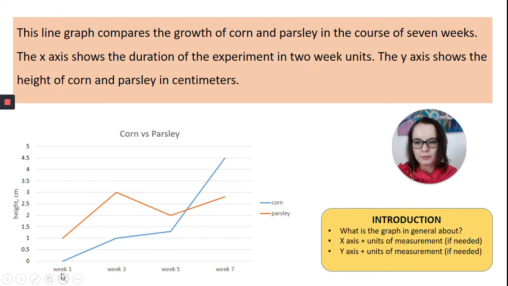And that's why it's important to mention that. Why? Because it can be kilometers, centimeters, millimeters, or some other measurement of length or height. So that's why it is important to say that the y-axis shows the height of corn and parsley in centimeters, not meters, not kilometers, not millimeters.